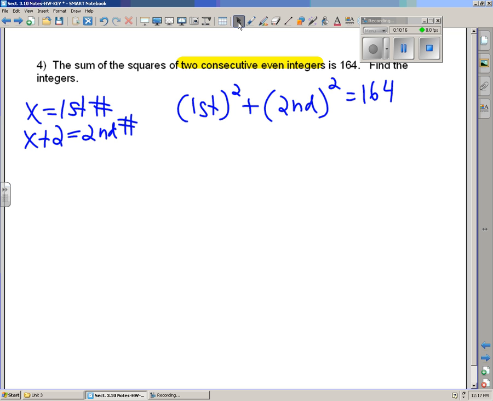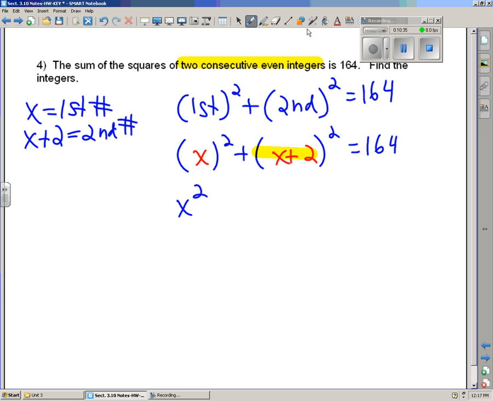Well, the first number is kind of easy because the first number is just x, but the second number is x plus 2. So I'm going to have to square my first number, add it to the square of the second for 164. Well, this is not a big deal, but don't forget that this has to be distributed, FOIL it out. This really is (x + 2) times itself.